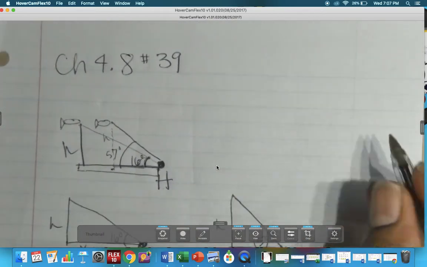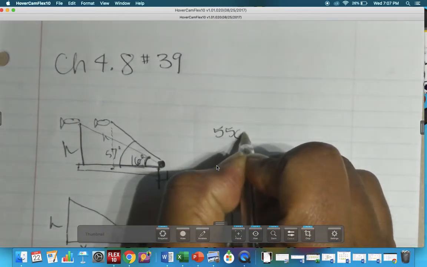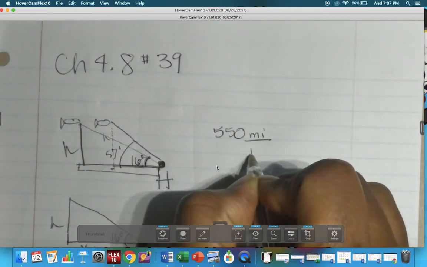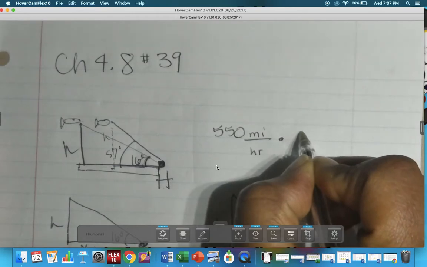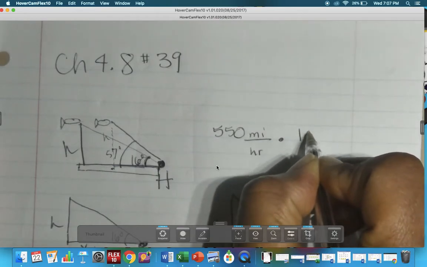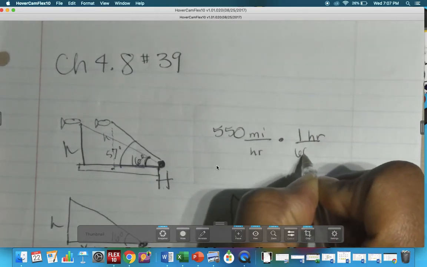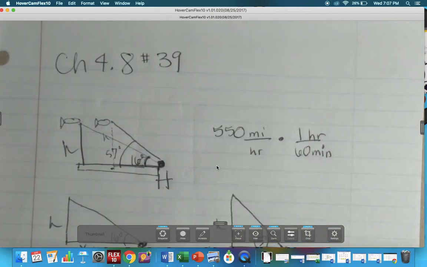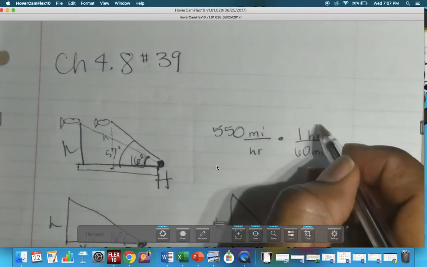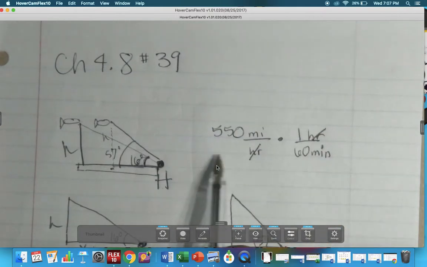So I'm going to do a little conversion. We have 550 miles per hour, and I'm going to multiply that by 1 hour per 60 minutes. We want to figure out how far it can go in just a minute. So cancel out my hours.